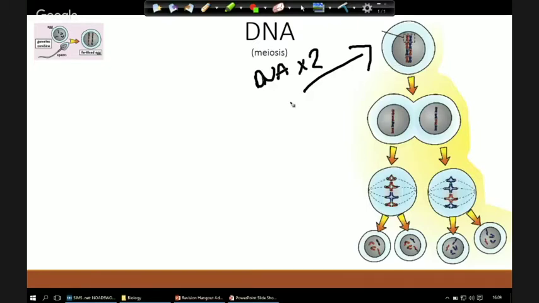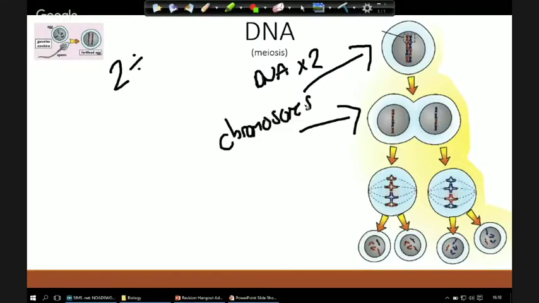However, the difference with meiosis is actually we get two divisions. Well, here's our first division. At the first division, just like we had in mitosis, the chromosomes line up in the very central part of our cell.